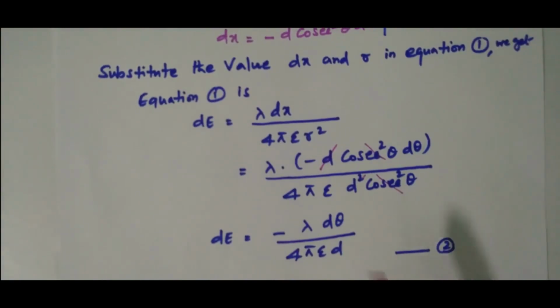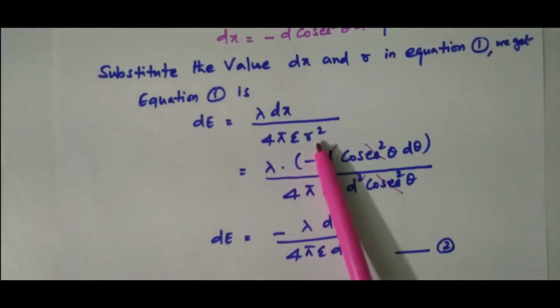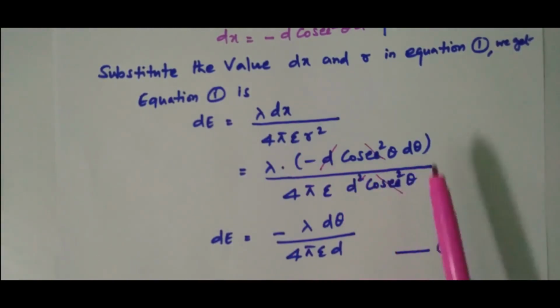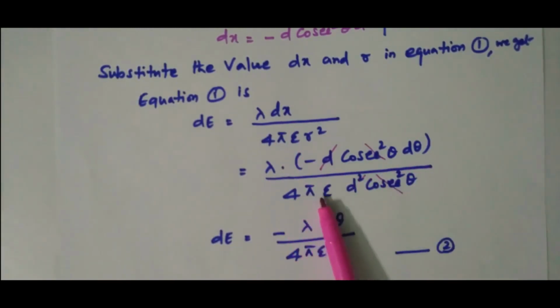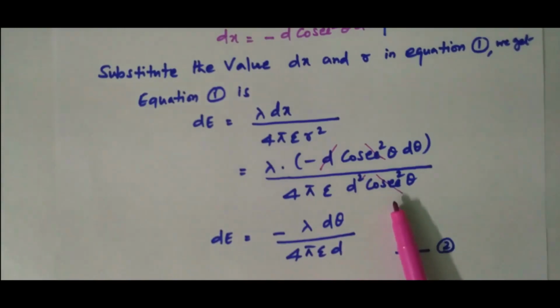Right, now substitute this value. This is equation 1, lambda dx divided by 4 pi epsilon r square. In the lambda, substitute dx. dx is minus d cosecant square theta d theta divided by 4 pi epsilon. r is nothing but d cosecant theta, so r square means d square cosecant square theta.